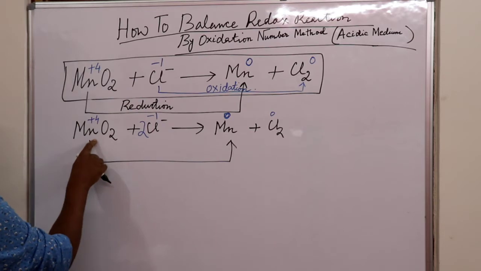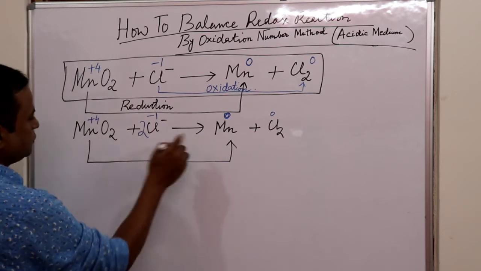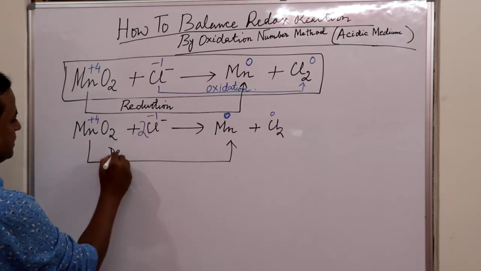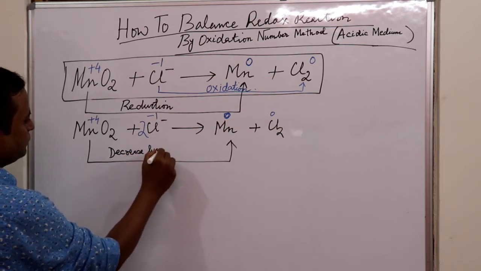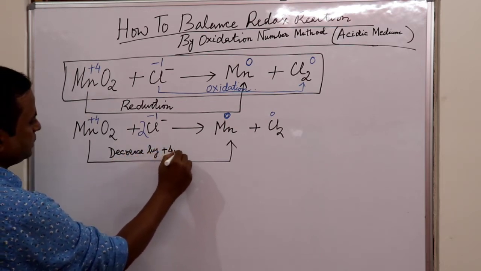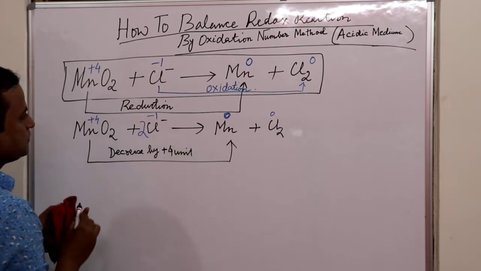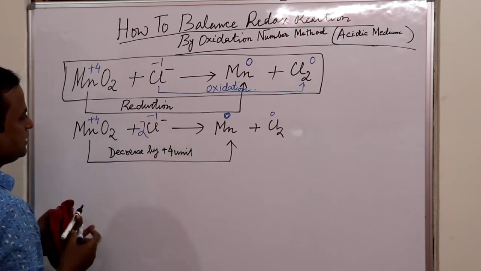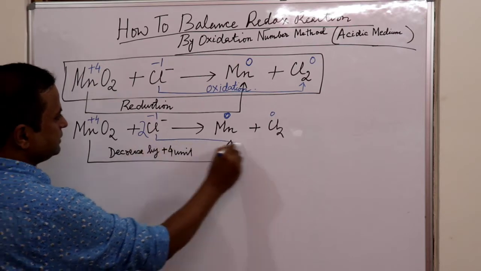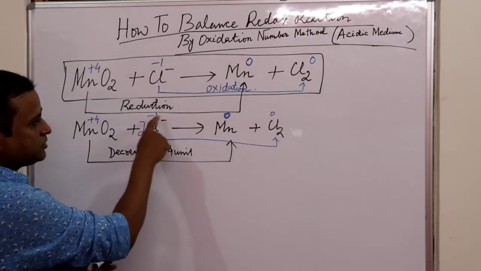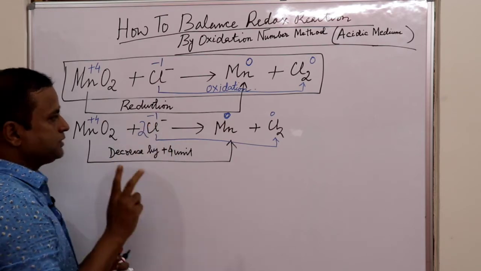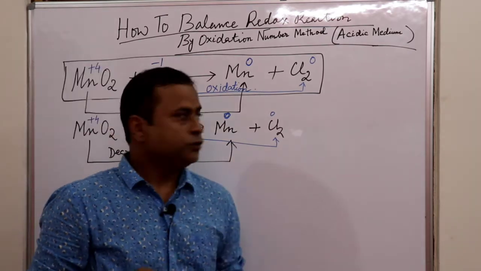Now after doing so, we have to see what is the decrease and increase. See here, manganese goes from +4 to 0, so there is a decrease by 4 units. And in the case of Cl minus, we see an increase from -1 to 0. There are 2 Cl, so -2 becomes 0.